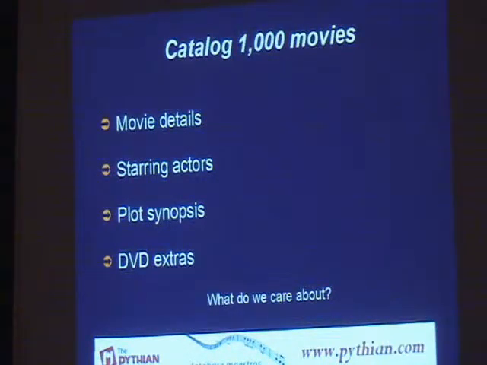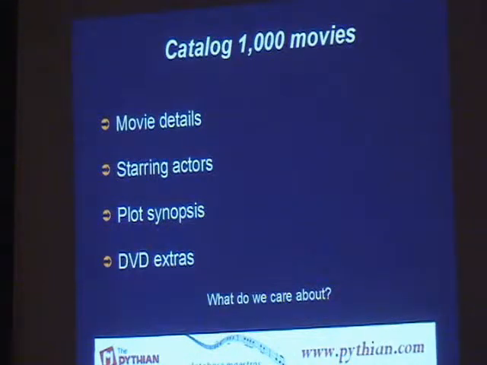When I say movie details, we have starring actors. That's one of the things we care about. What are some of the details we care about, and what are some we probably don't care about when we're just making a movie catalog? Category, okay. We care about category. I'm just going to write them here.